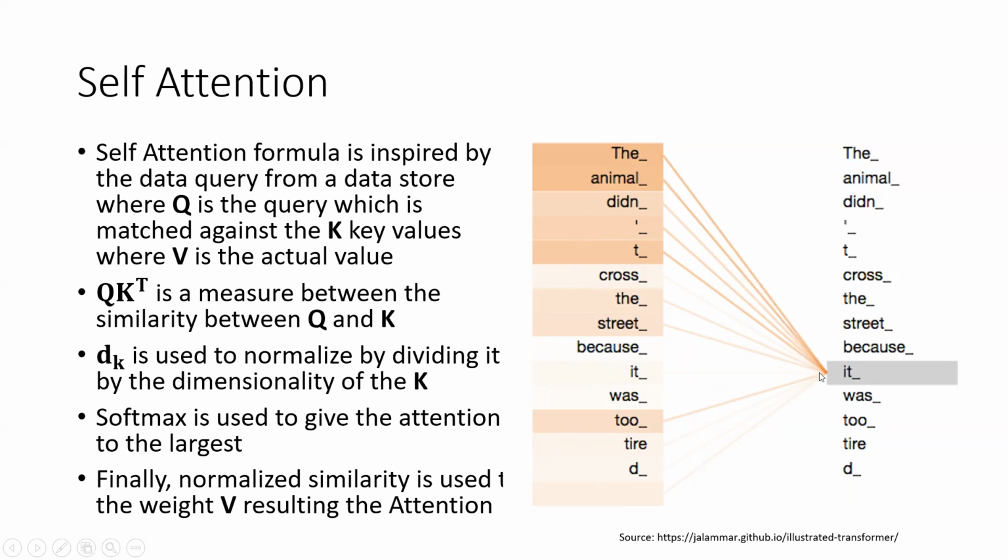Now we can see the connection is highest with the tokens the animal. So then you can understand that these are the tokens relevant to it. And similarly, you can find the highest attention tokens for each of the tokens in its context, just like for it, you are finding the attention tokens for all the other tokens as well.